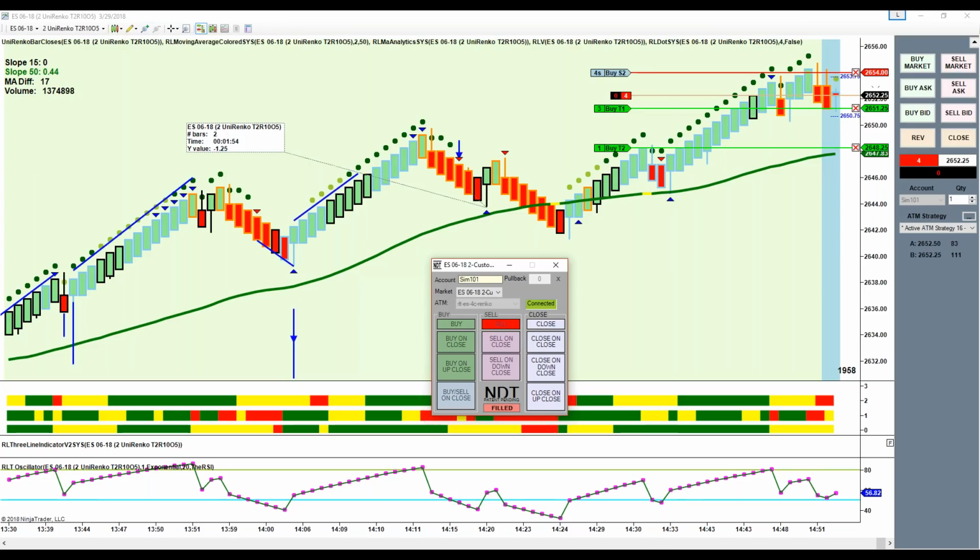Okay, so the stop on this trade, the entry is 2552.25. Our stop is 54, so we're 7 ticks. That's our stop. Our first target is 4.